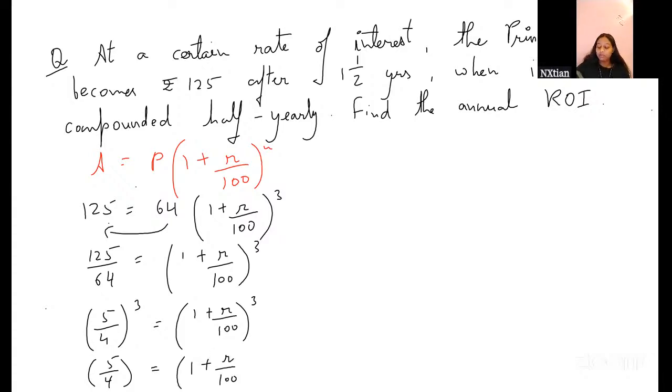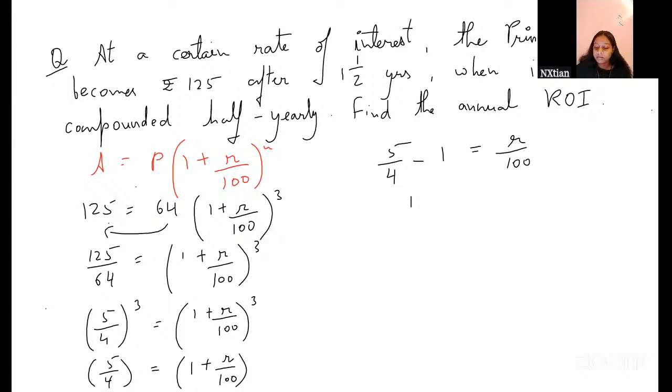Now we will solve this. 5 by 4, 1 is a number, so we will bring it to the other side, where we have r by 100. 5 by 4 minus 1 equals r by 100. You can do an LCM.